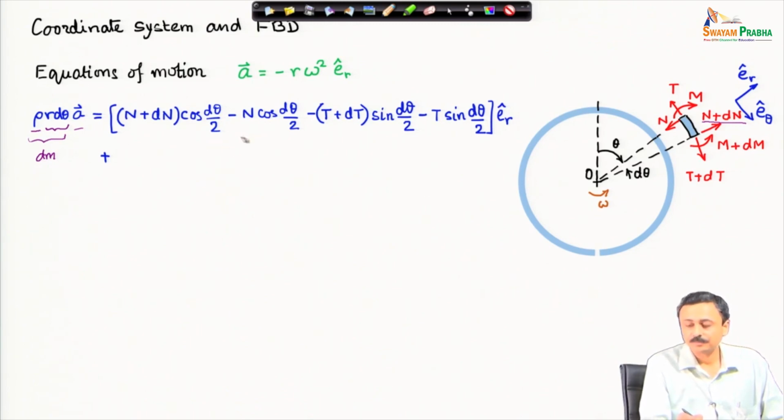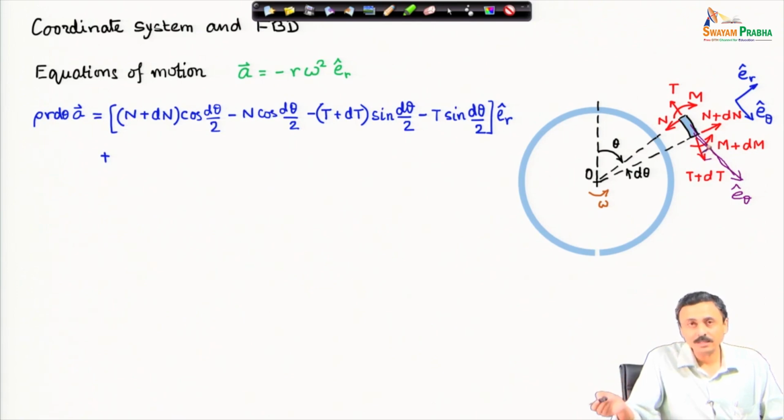Similarly, on the theta face where the shear force is N, we have it in the direction of negative e_r, therefore this negative sign comes, and we have again cosine d theta by 2 as the component. The tension also makes an angle with the e_r cap direction, because this is along the e_theta cap direction, and this tension makes the angle d theta by 2 with the e_theta cap direction.